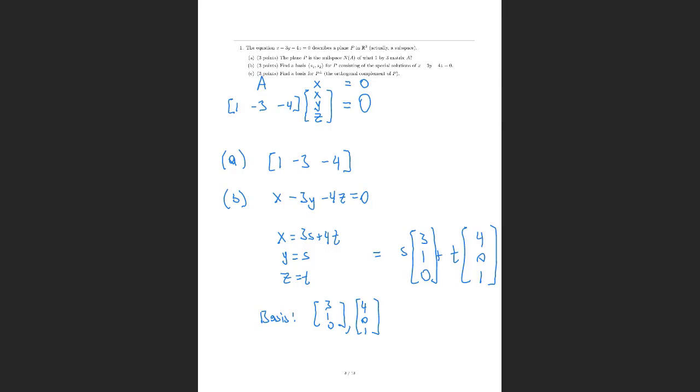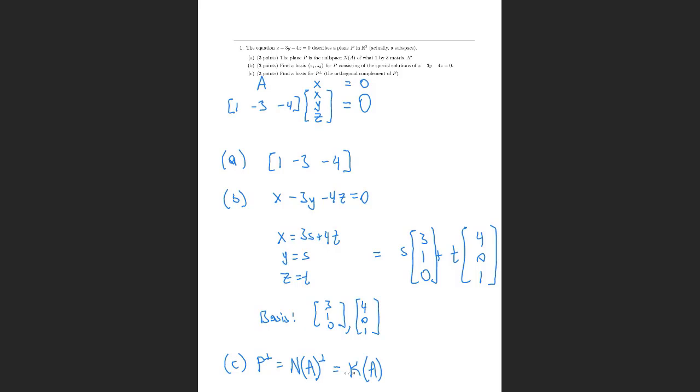Okay. And then for part C, since the plane was the null space of A, the orthogonal complement of the plane would have been the orthogonal complement of the null space of A. In general, we know that the orthogonal complement of the null space would be the row space.